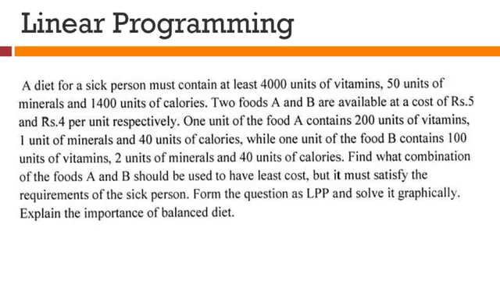Why? Because I wanted to tell you 2-3 things, that while making the graphs we are at times not making feasible regions properly. So that thing we should keep in mind, and feasible regions should be drawn properly. And while writing the information, make sure that first you find what to solve. Now the first thing that is written in the question is least cost, right?